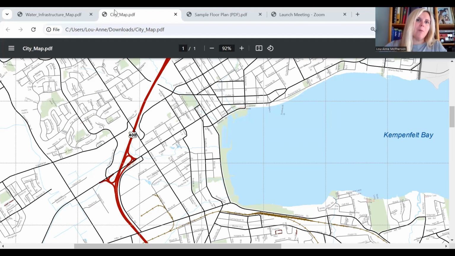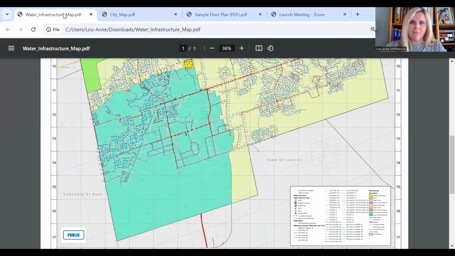The second type of map is similar to a city map, and that is the water infrastructure map or the water distribution map. Now, it is a city map, but on it, you have how the city lays out its water pipes and its hydrants. The most common question you could be asked on this type of map is about the hydrants themselves and whether or not they're operating.